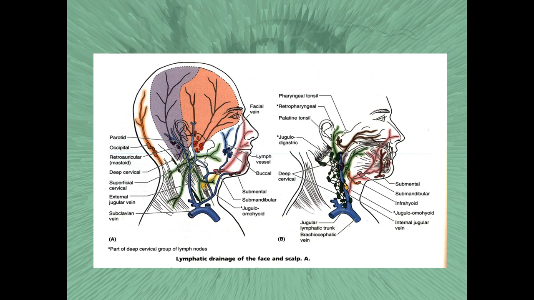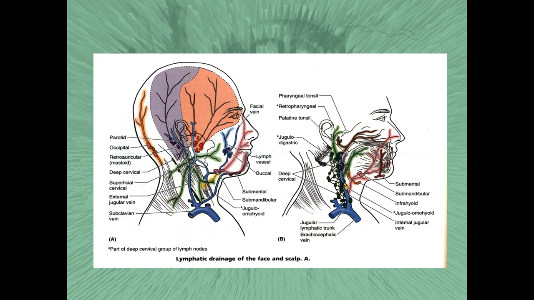Finally, from the cervical lymph nodes, lymph drains into the jugular trunk, as I told you before. Then, depending on the side of the body, from the right jugular trunk into the right lymphatic duct, from the left jugular trunk into the thoracic duct, and corresponding to the side, to the right and left venous angle.